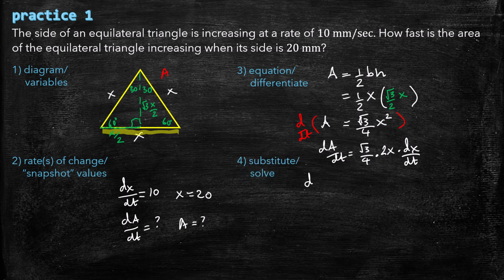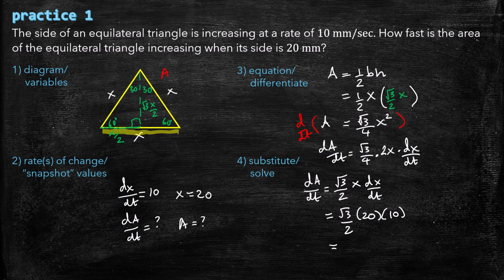Before we do that, maybe we should tidy it up a little bit. So the 2 cancels with the 4, leaving 2 there, x dx by dt. And now we can substitute. So x, the particular value of x is 20, and dx by dt at the moment we're considering is also 10.